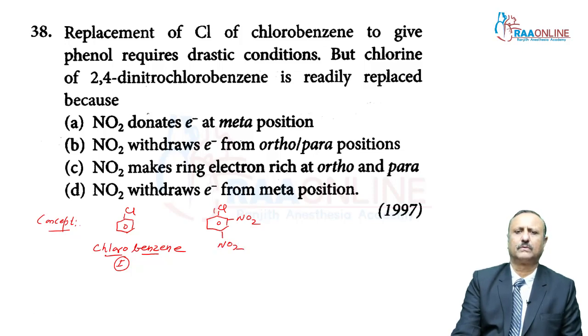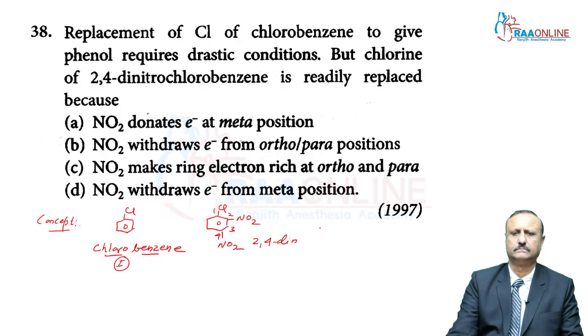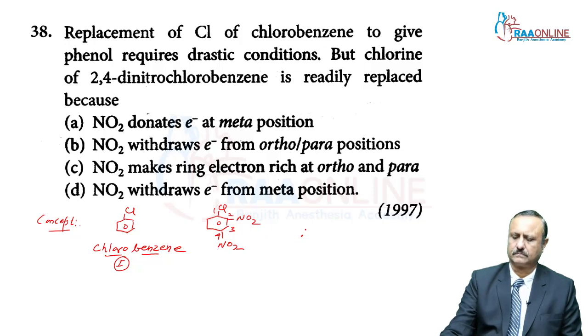When you write the numbering 1, 2, 3, 4, it is called 2,4-dinitrochlorobenzene.